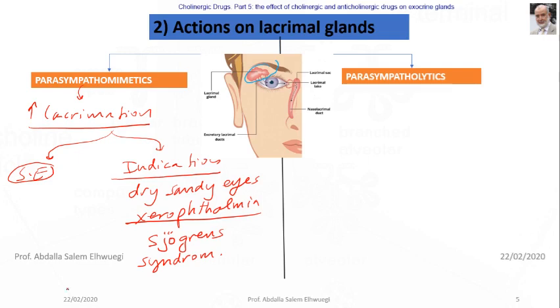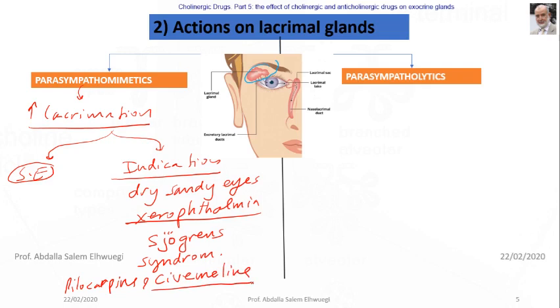In this case, we use pilocarpine, which is given orally, or cevimeline, given orally, as we have discussed before.